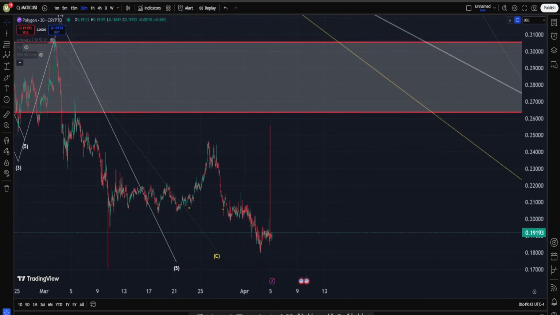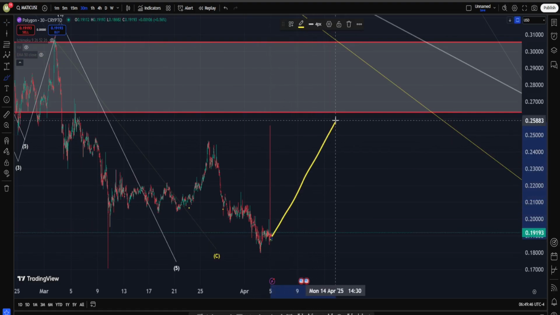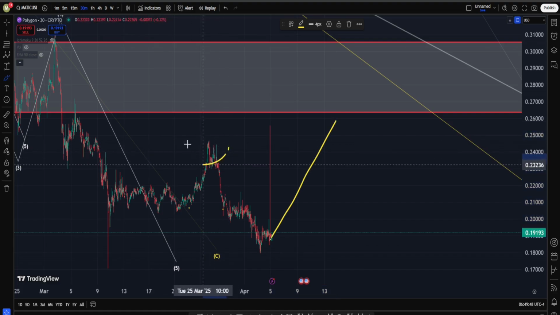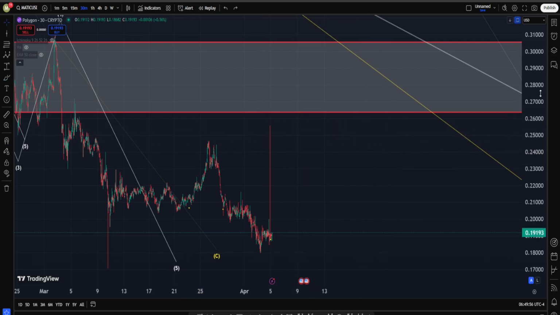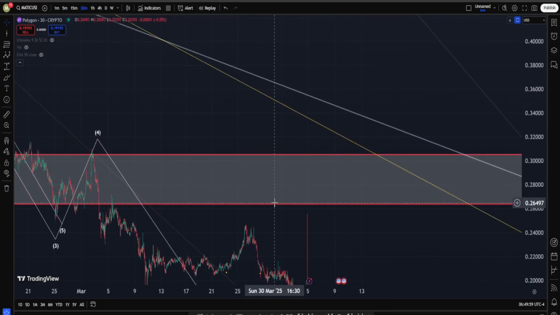Also, if we get a very strong move up starting from the current point, first things first, I want to see Polygon taking this important high about, let's say, 24.5 cents. And second, I want to see us getting back above this unbelievably important, right now unfortunately, resistance area, which is from the weekly and daily time frame at the same time, between 26.5 and about 30.5 cents.